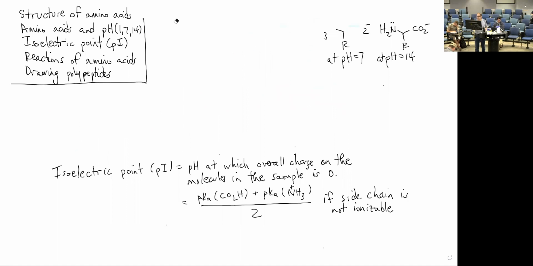Good. Well, what about reactions of amino acids? Well, as I said, we've already done a chapter on amines. We've already done a chapter on carboxylic acids. So we know the types of reactions that amines can undergo. The amino group in amino acids can do the same sort of things. And we know what sort of reactions carboxylic acids can undergo also.